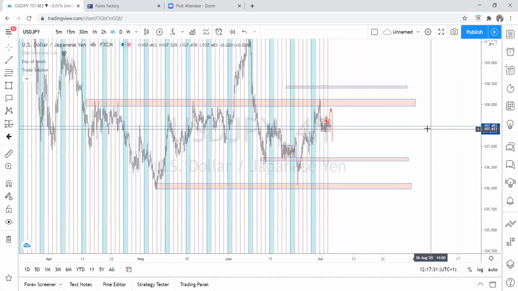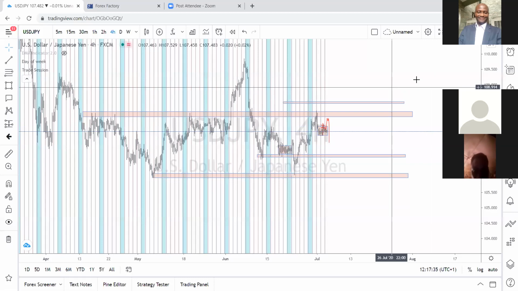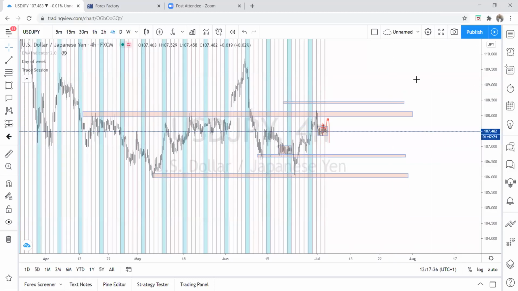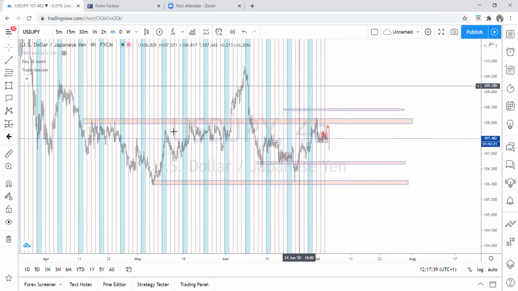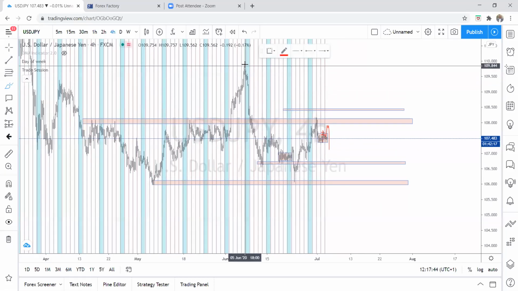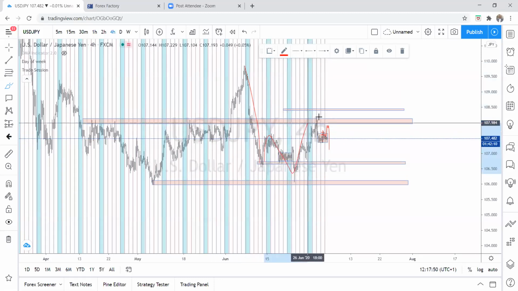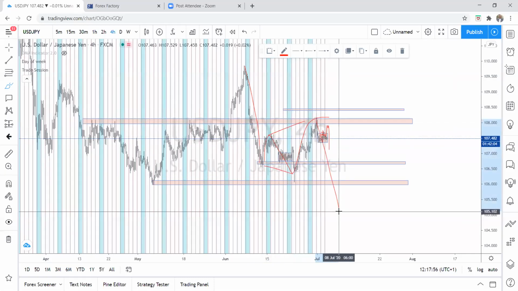But if you want to look at it theoretically, using wave theory, for those that understand wave theory, they will know that this is an impulse, and after that impulse, you have what is called a running flat. After this running flat, you should have another move to the downside.